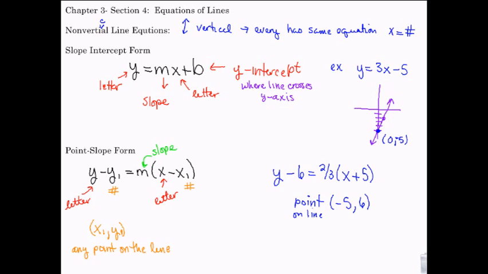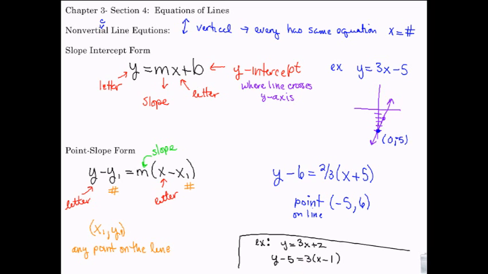The same line can have equations that look different. So for example, if I have some line y equals 3x plus 2. The point on this line is 0, 2. But I could also have y minus 5 is equal to 3 times x minus 1.